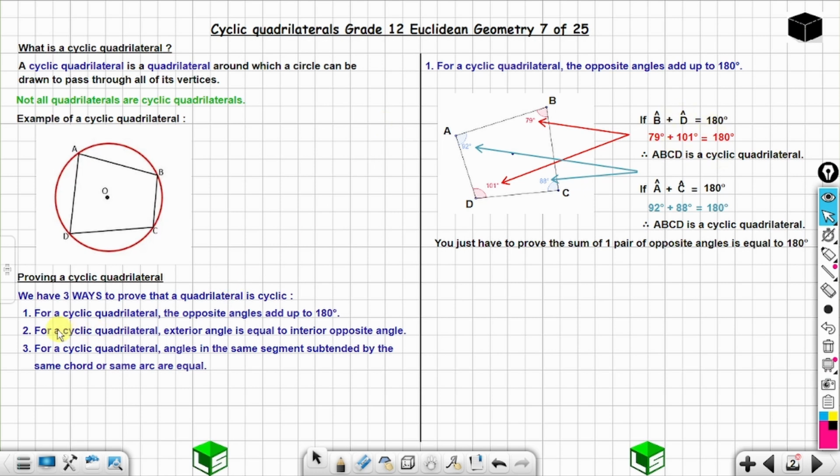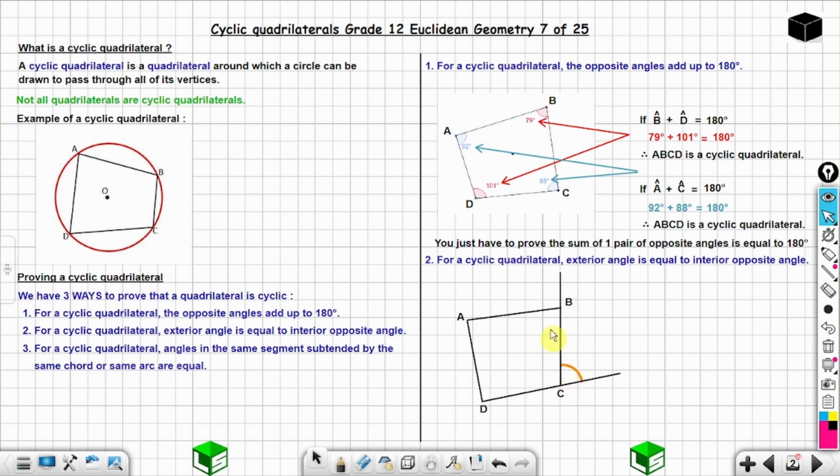Number 2. For a cyclic quadrilateral, the exterior angle is equal to the interior opposite angle. This is an exterior angle, meaning outside. If this angle, let's call it theta, is equal to the interior opposite angle, not this, not this, because this is adjacent to this, and this is adjacent to this.